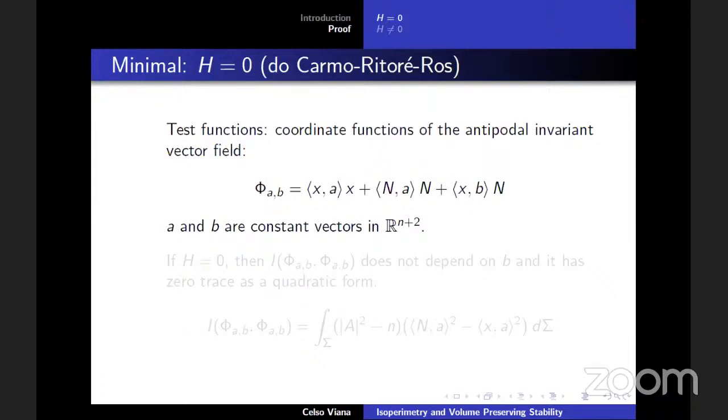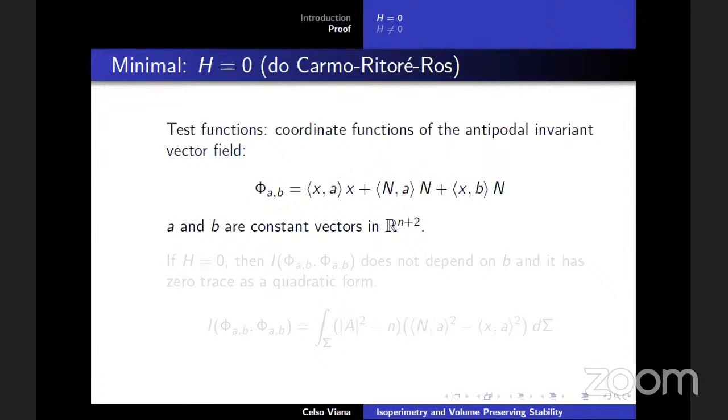Because in the end, we need to consider perturbations of our hypersurface inside the real projective space, right? So that's why we need the vector field to be invariant by the antipodal map. We also have these two parameters there, A and B, which are constant vectors in the Euclidean space. The role of this vector B is just to make sure that the integral of this vector field is 0, right? So that we can use the coordinate functions in the stability inequality, right? But of course, that requires some justification.